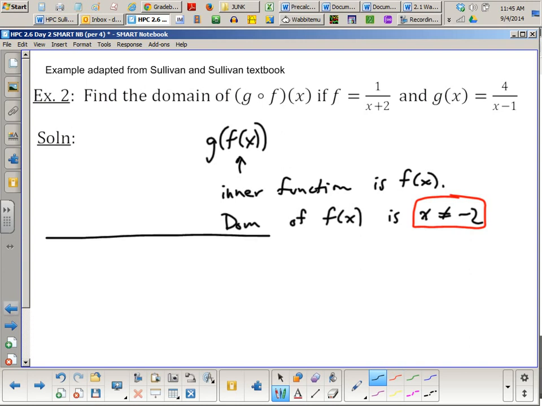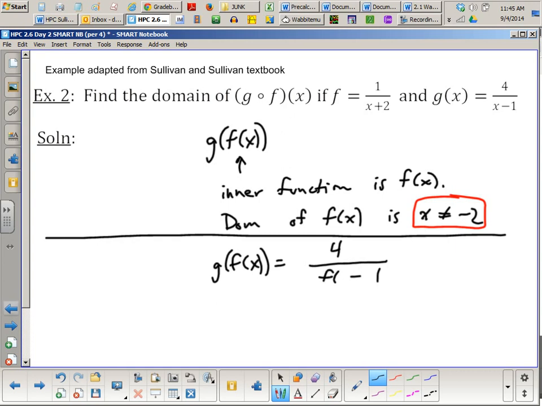All right, stage 2. Now write down g of f of x as an expression. So instead of 4 over x minus 1, it's 4 over f of x minus 1. Suddenly you realize that we have another restriction. f of x cannot equal what? 1. It's obvious once we write it. Not so obvious before we wrote it.